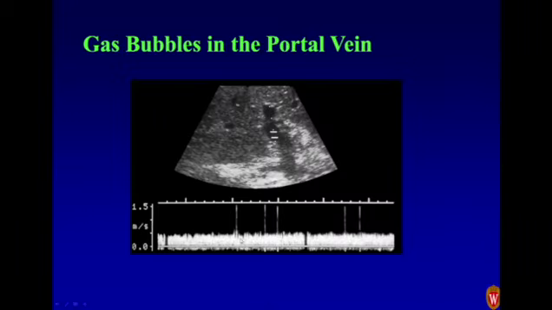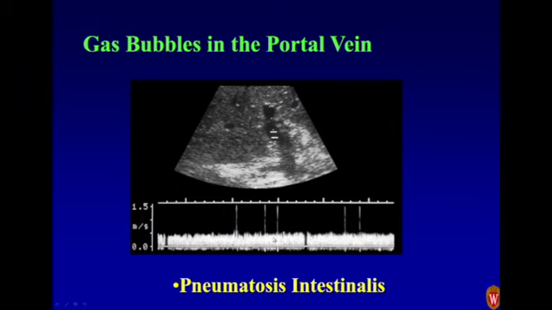Now, there's one scenario in Doppler where that phenomenon is very useful, and that is in identifying gas bubbles in the portal vein when they are floating by. If you have a patient with pneumatosis intestinalis and there's gas bubbles in the portal venous system, this is what you see on the tracing. As a bubble goes by, it's not going by at a higher velocity than the rest of the RBCs.